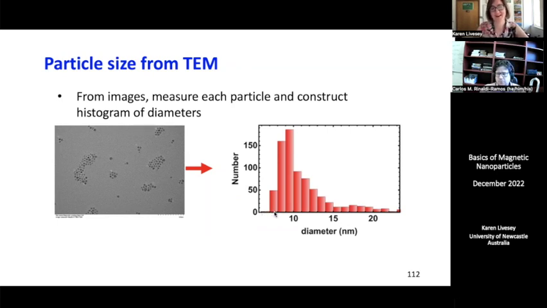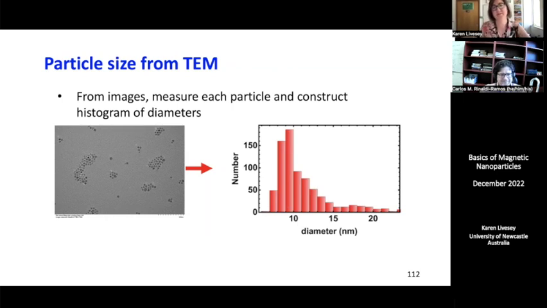And then around 7 nanometers, we start to see particles. And there's a peak between 9 and 10 nanometers for the diameter. So this gives us a nice feeling for what the size distribution is in the sample. We can calculate things like the mean size and the standard deviation and so on.